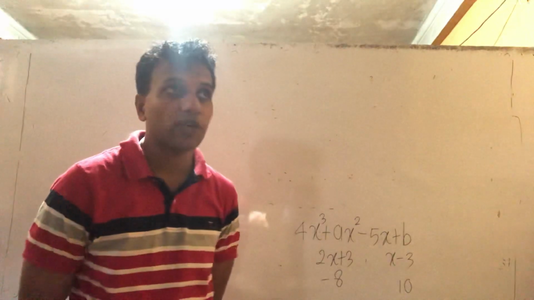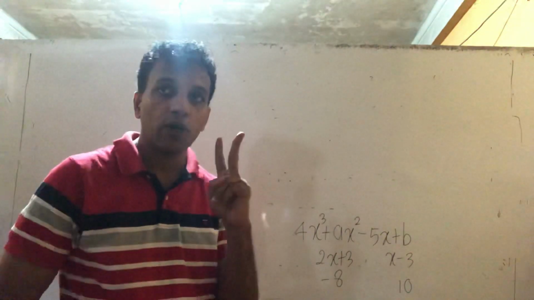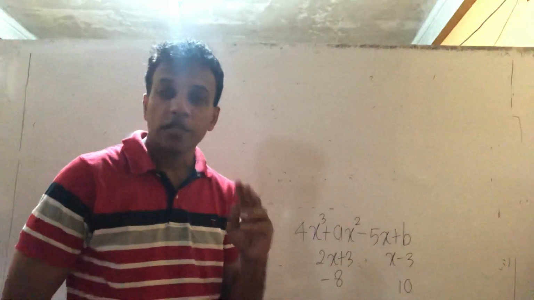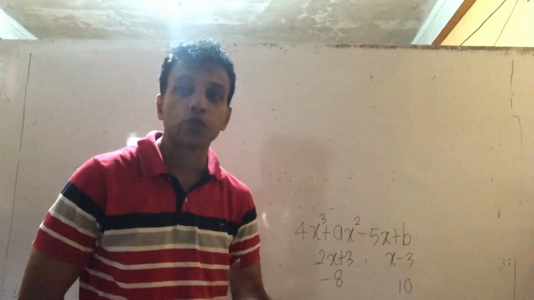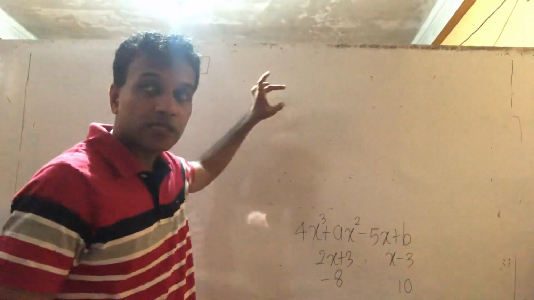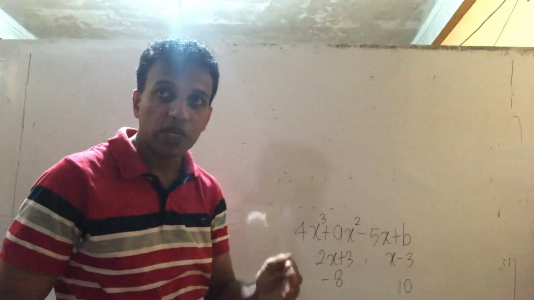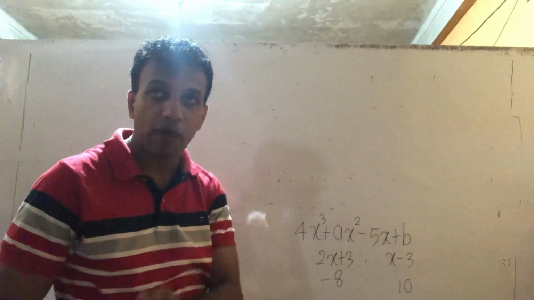Important question. In the last video I showed only one particular equation type. Here, a and b are two unknowns, so you need two equations to solve, right? So we write the identity form: the polynomial expression equals quotient times divisor plus the remainder.